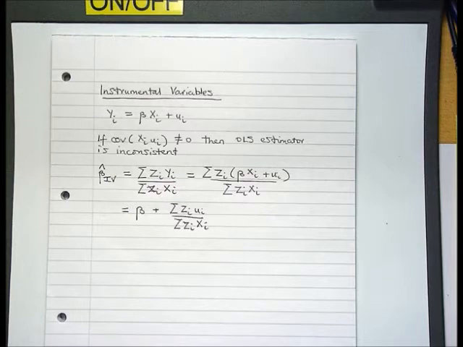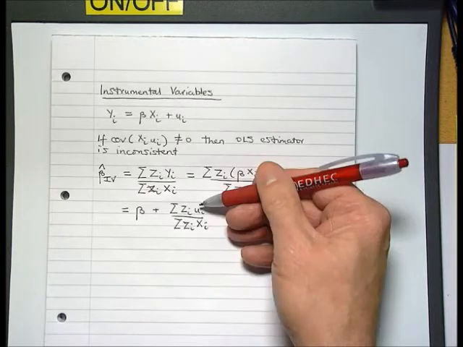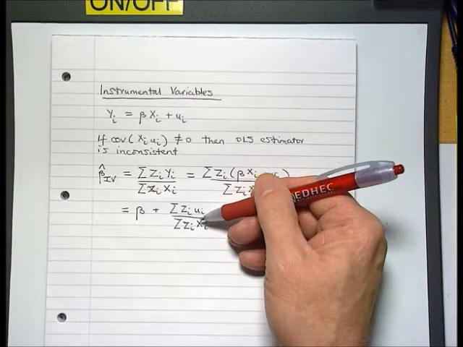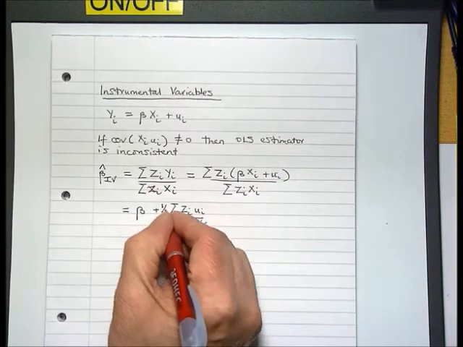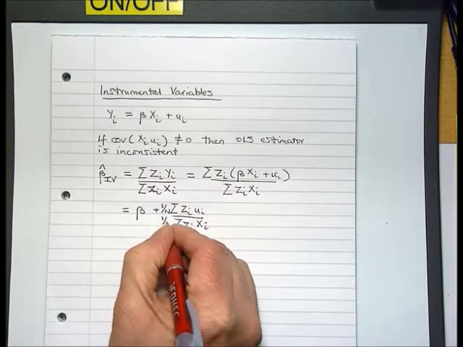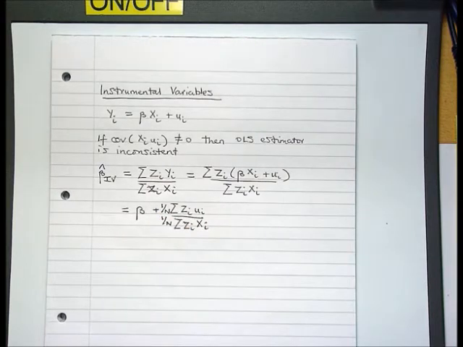Now we want to ask the question, what happens to this expression as the sample size gets large? What happens to the estimator when we let the number of observations grow? So to do that, let's take this second expression here and divide numerator and denominator by the sample size. Okay?